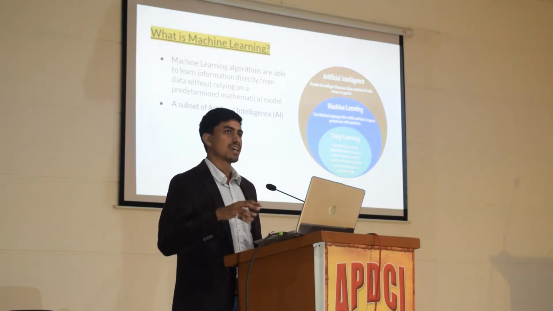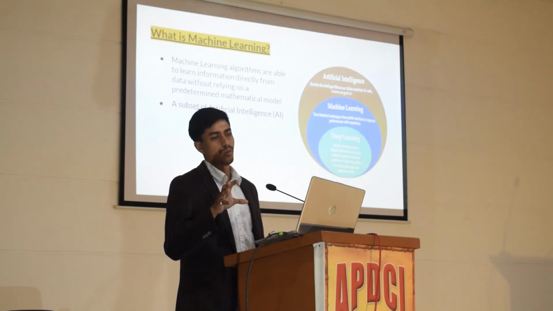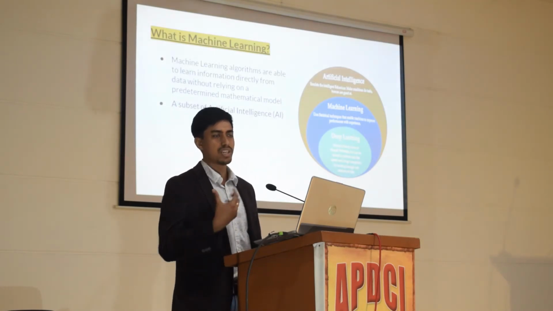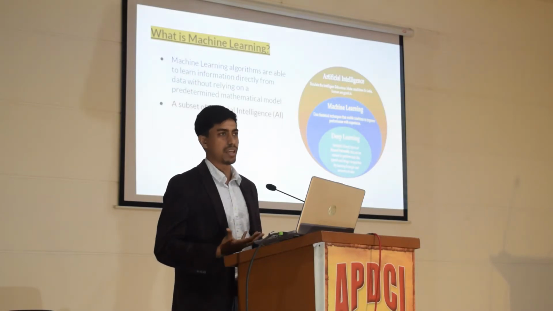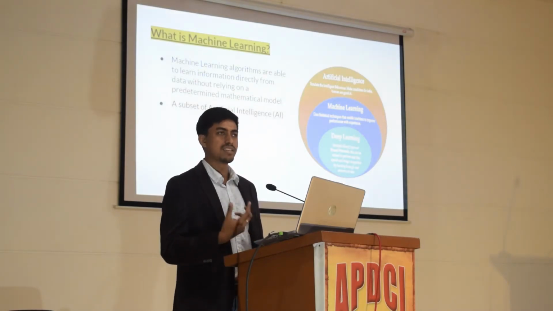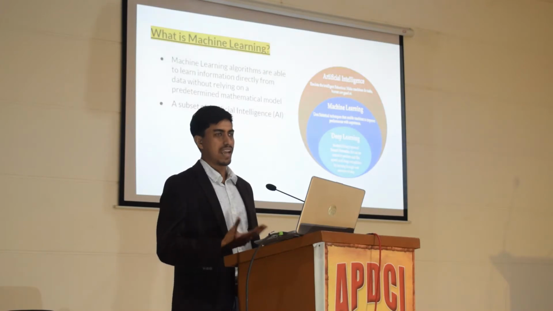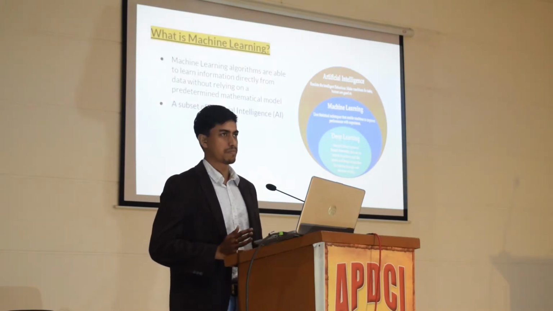Machine learning is a subset of it, where we are using data. Since we are collecting a lot of data, can we learn something? Can we learn some mathematical model using the data, and can that be useful for decision making, right?